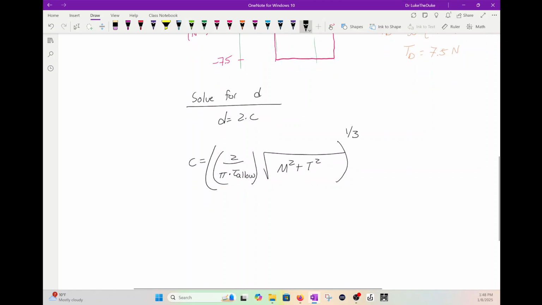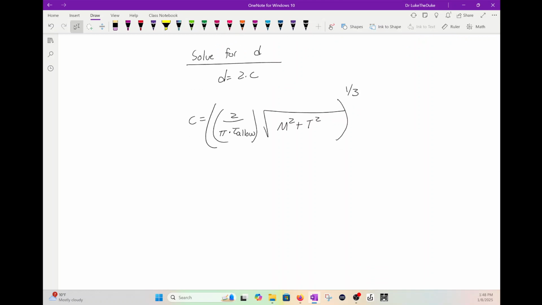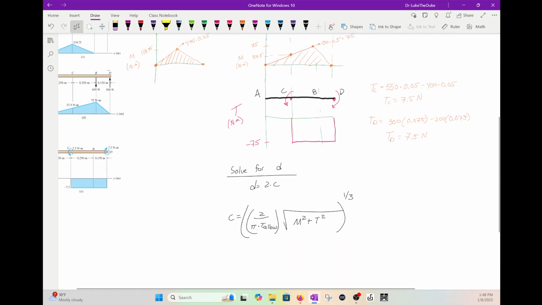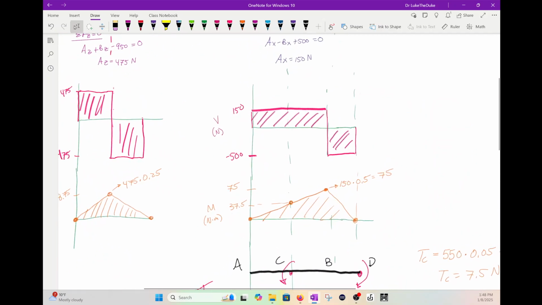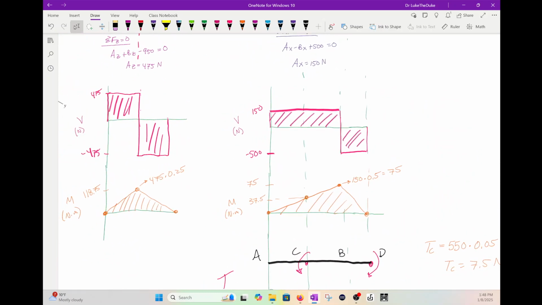Now, what you need to do is find the maximum moments in both of these and figure out where the maximum magnitude occurs. There are 2 critical points. C, so this point right here, which is at C, and this B here, which is 75.